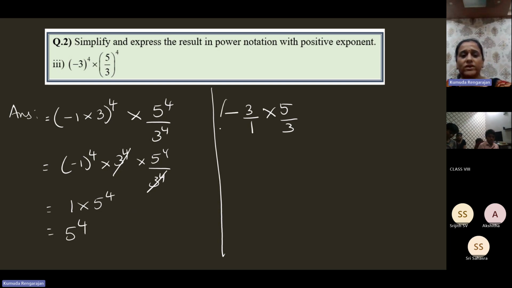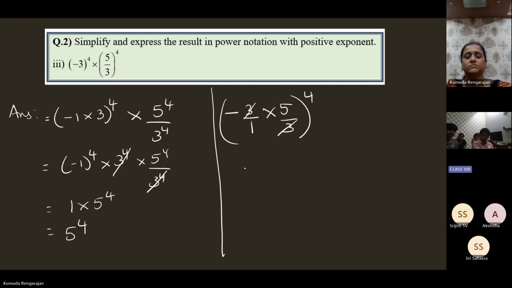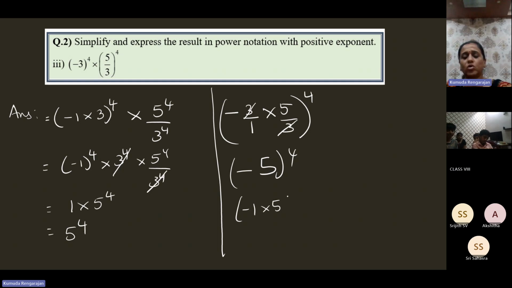Okay, fine. Ma'am, minus 3 and 3 get cancelled. Minus 1 and 1. So minus 1 into 5 by 1, minus 5. The whole minus 5 to the power 4 is minus 1 to the power 4 into 5, the whole power 4.